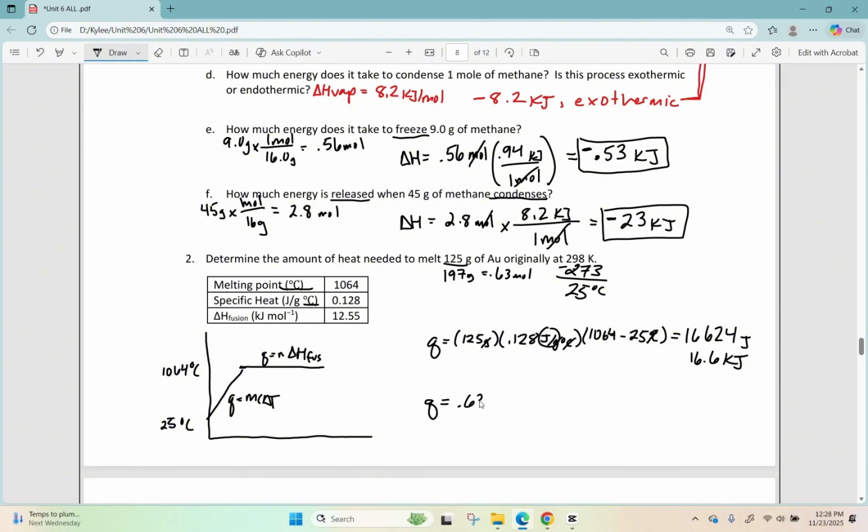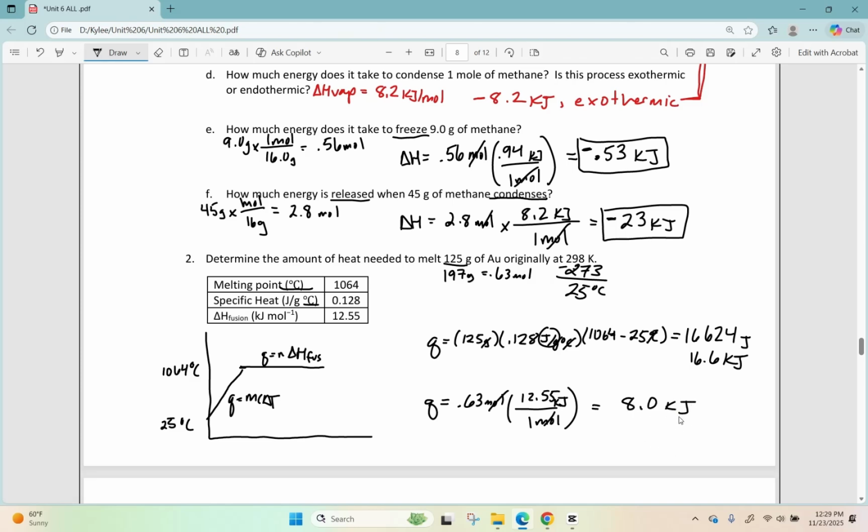So I'm going to do 0.63 moles, and I'm going to multiply it by the heat of fusion, 12.55, and that's kilojoules per 1 mole. Moles and moles cancel. 0.63 times 12.55 gives me 7.96. So I'm just going to go ahead and call it 8.0.